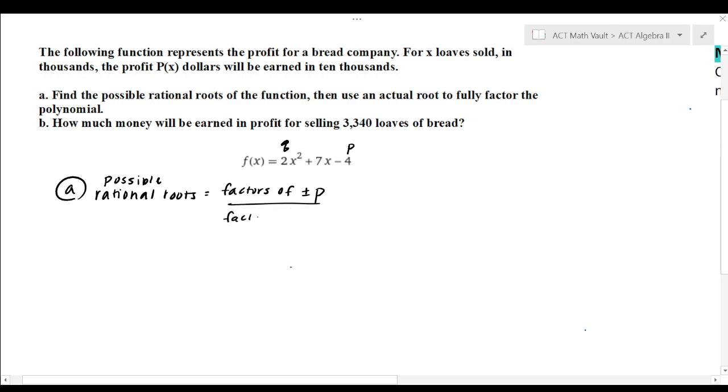Okay, factors of positive or negative q.